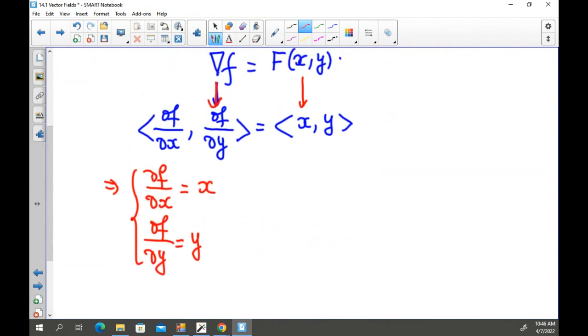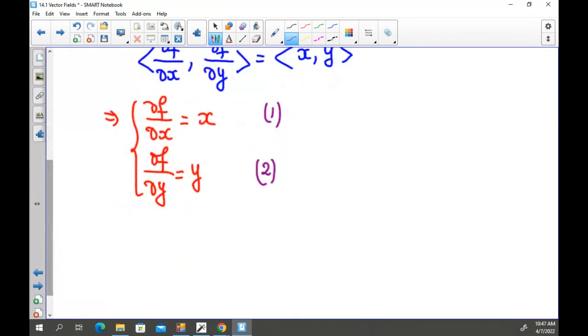This is really a classical question in calculus. You have a vector field, you want to find its potential. So you have a vector, you want to find a function whose gradient is exactly equal to that vector. The way we do that is not very difficult. Let me call these equations 1 and 2.